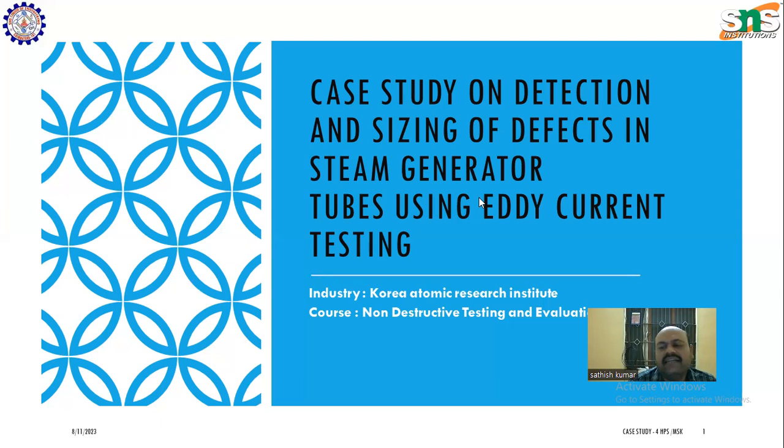So how is this eddy current being used in detecting the defects in steam generator tubes, which are used in nuclear power plants? Let us see in detail.